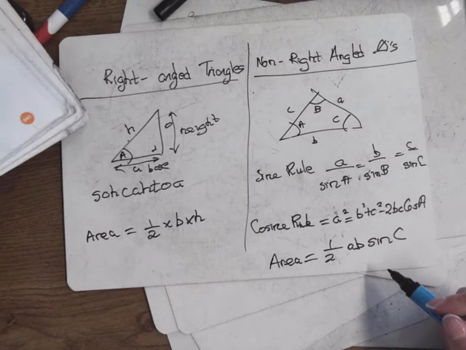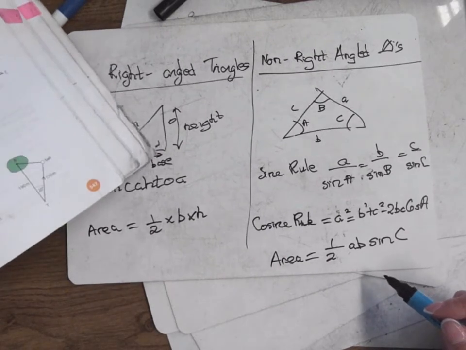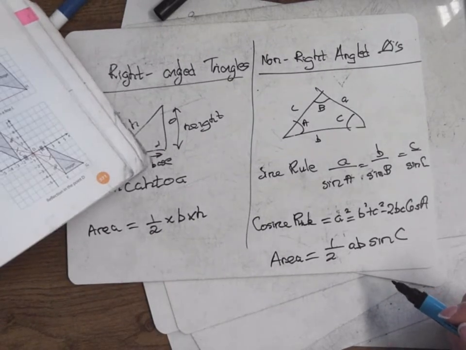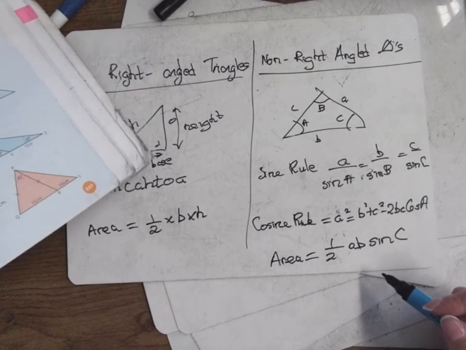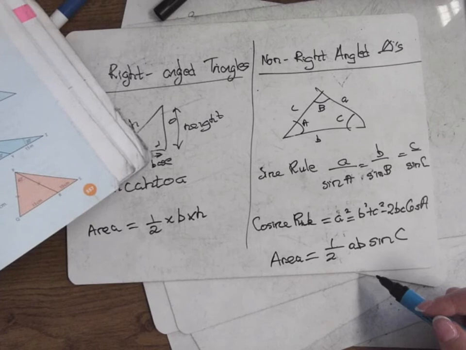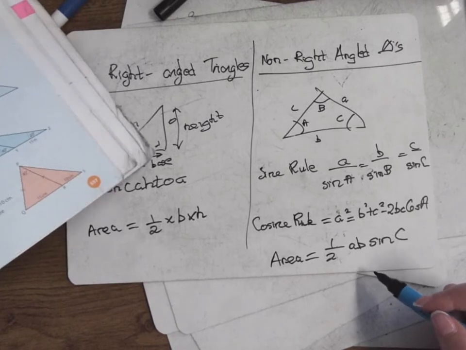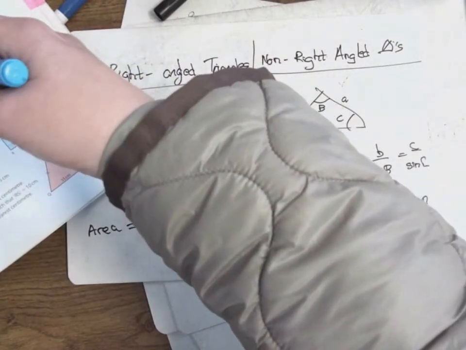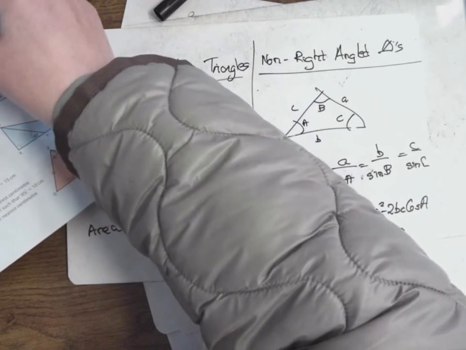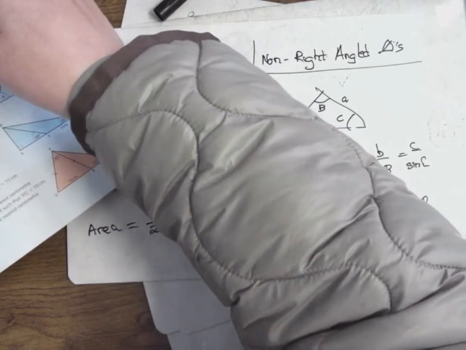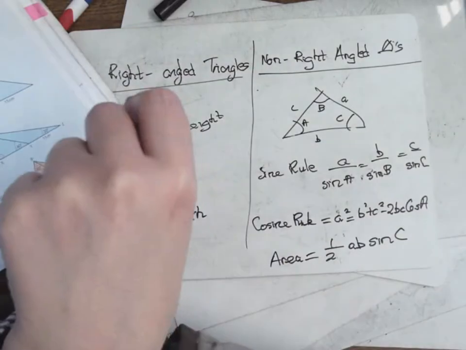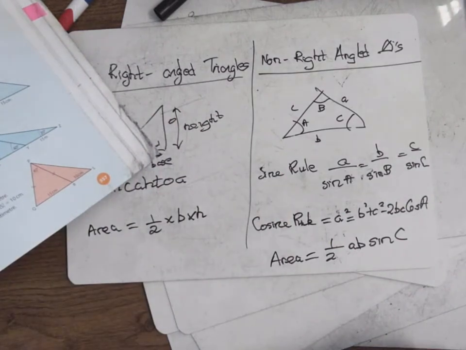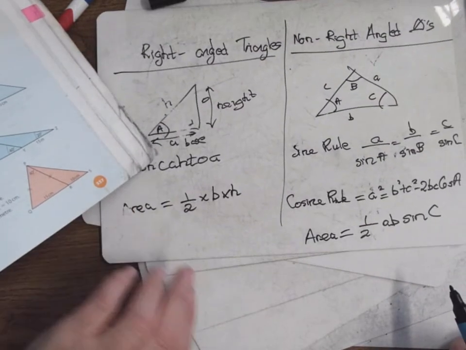So what we're going to do is start the revision questions, and as things crop up and we realise we can't do them, then we'll sort it out. Or maybe you'll know how to do everything.